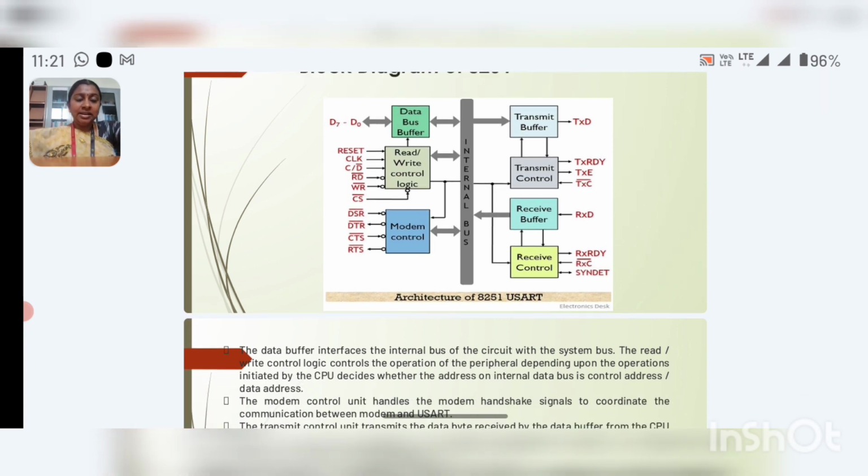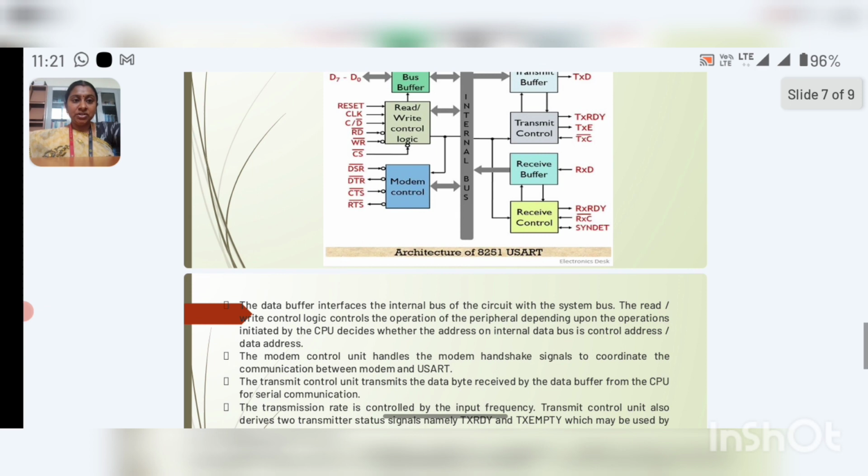The data bus buffer is mainly used to give the data to the internal bus. Then the read or write control logic mainly controls the operation of the peripheral, depending upon the operations initiated by the CPU, whether the address on the internal bus is control bus or data bus.